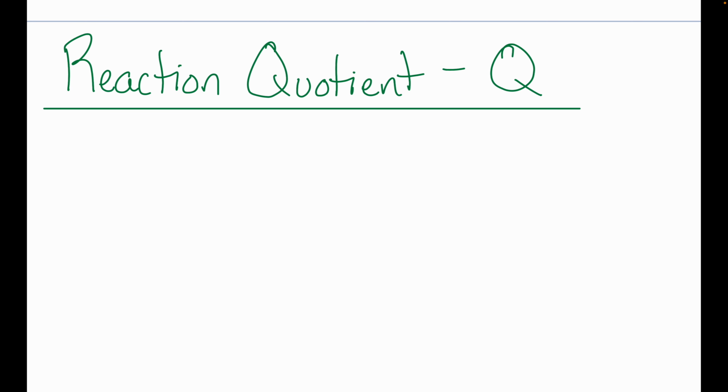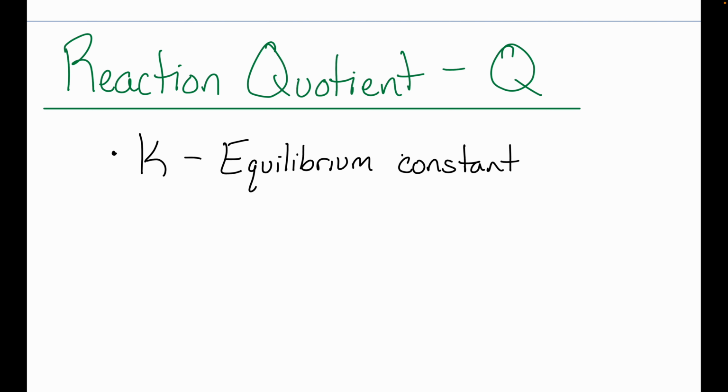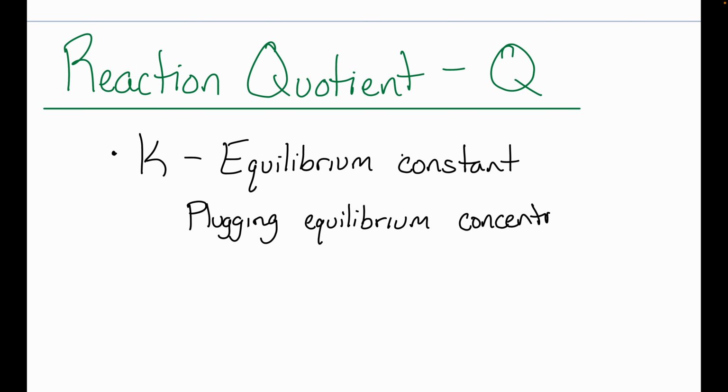All right, so just to review, K is what we called our equilibrium constant. We get our equilibrium constant by plugging equilibrium concentrations into our equilibrium expression.